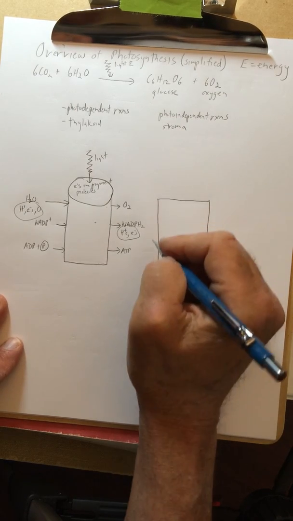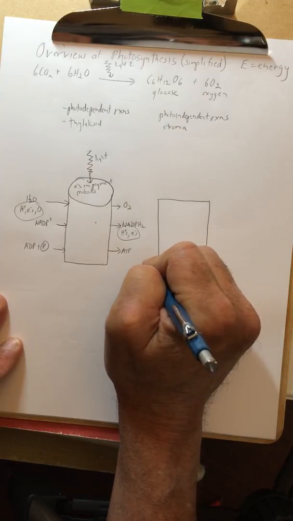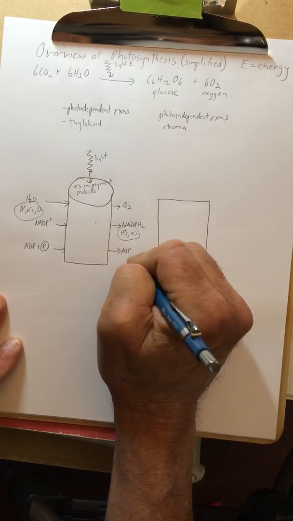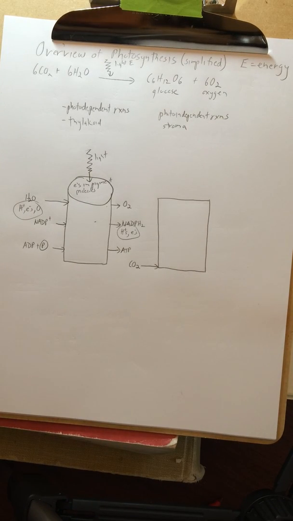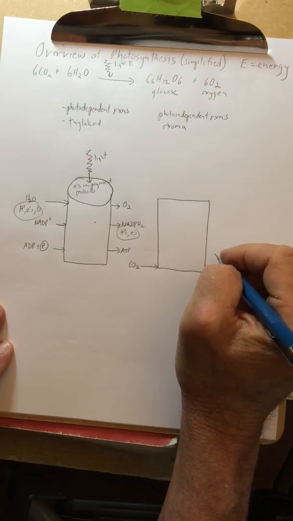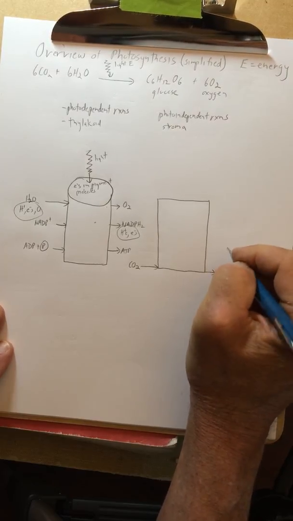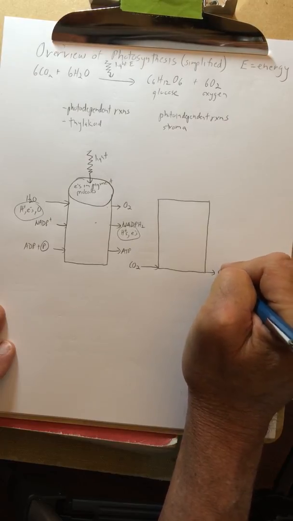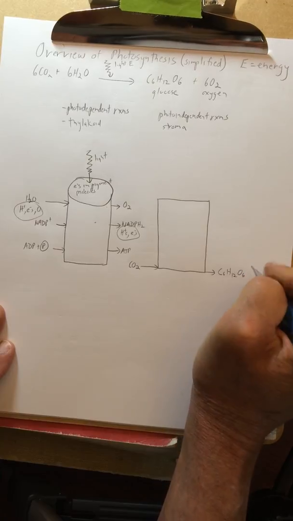Okay, so on to the photo-independent reactions. And the big thing that's happening in the photo-independent reactions is that carbon dioxide is fixed. And what that means is it's pulled from the atmosphere and it's used as the electron acceptor, and ultimately the energy and electrons are captured and they form glucose, C6H12O6.